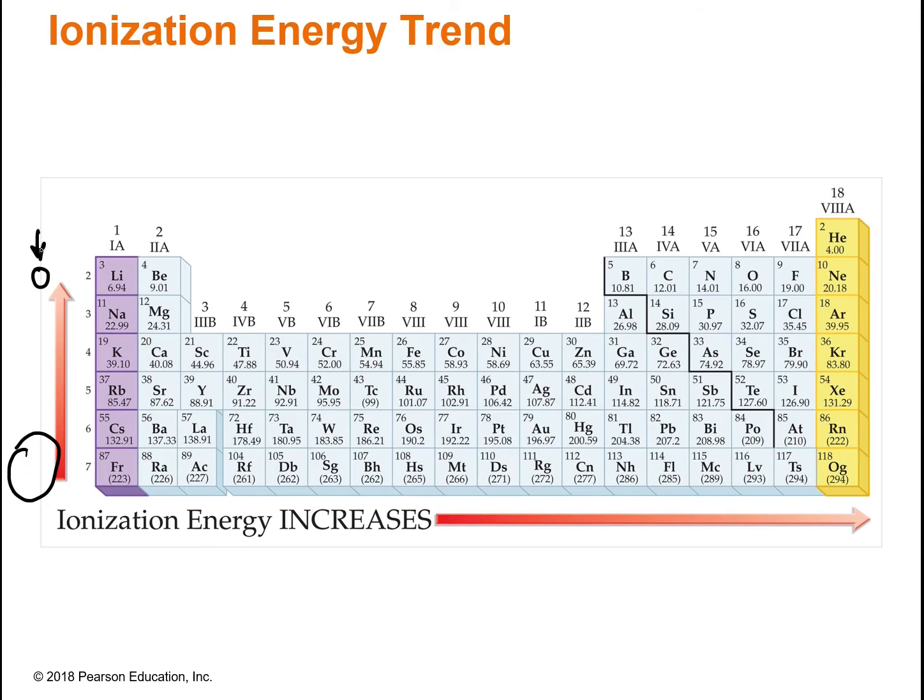So the closer to the top you are, the more of a hold the nucleus has on its electrons. So you're going to need more energy to strip them away. Likewise, when you're going across the periodic table, you're increasing the number of protons, but you're not changing the number of energy sublevels. So those protons are holding on to those electrons more tightly. So you need more energy to strip it away.